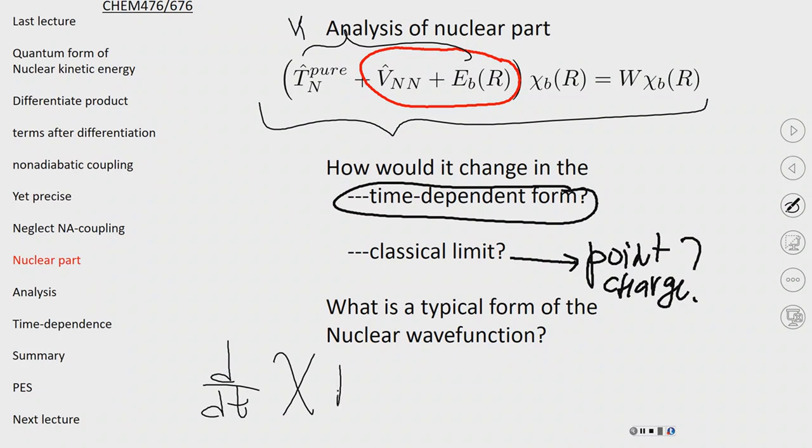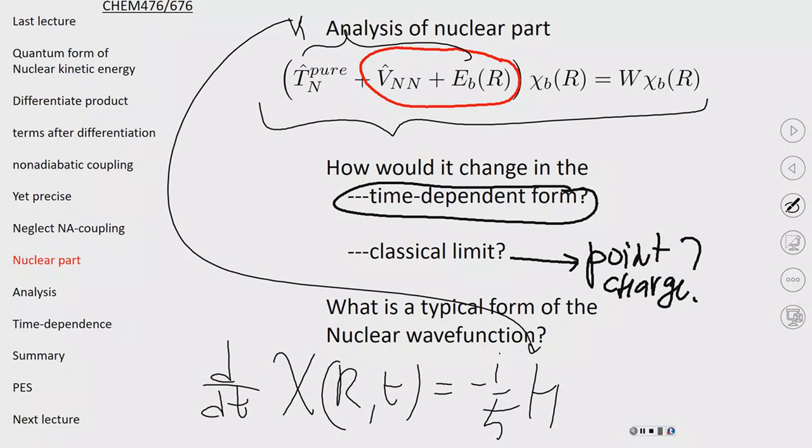We add dependence on time for our wave function, chi of x and t. So this is the equation that governs change of nuclear wave function in time.